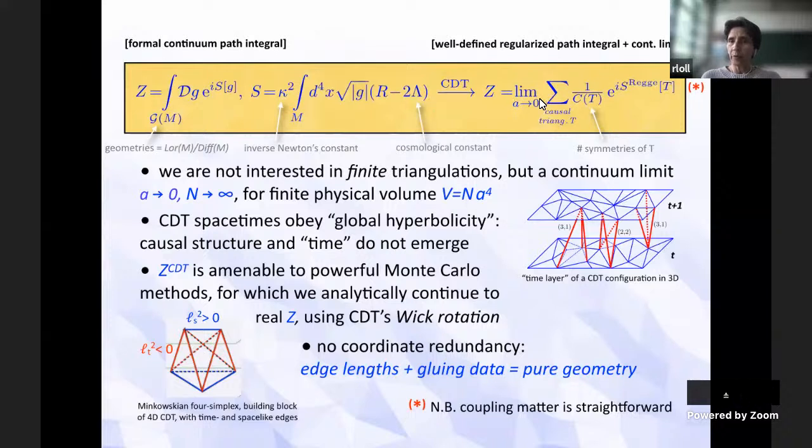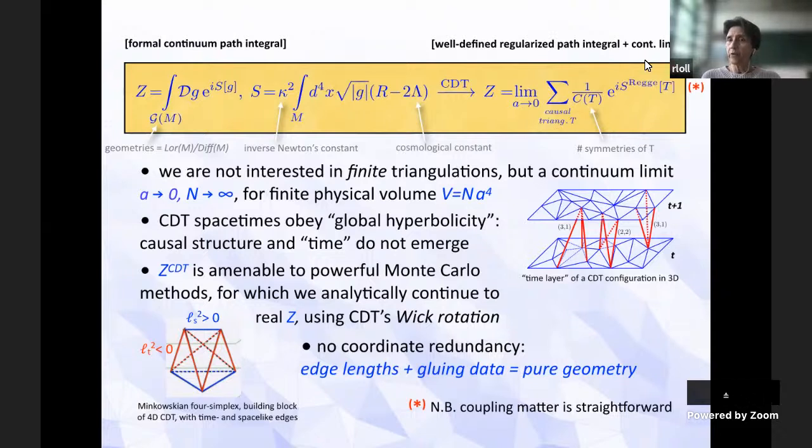So what we do is we make that into a mathematically well-defined regularized object here on the right. And it takes the form of a sum over a certain set of triangulated objects. There is a kind of weight factor here, which is 1 divided by a number, and that number is really the size of the automorphism group of a given triangulation. So if there are non-trivial symmetries, then this is a number that's not equal to 1, but bigger.